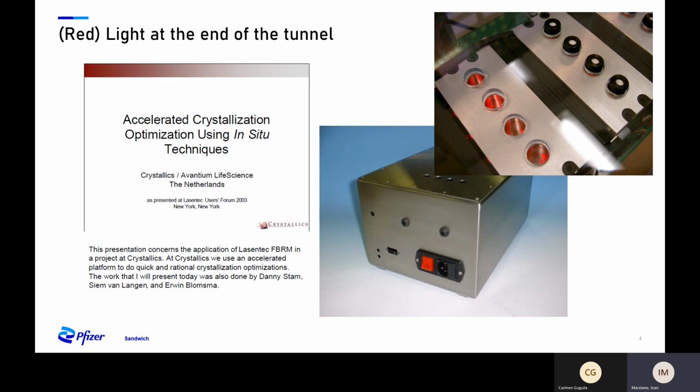I still recall my first encounter with what is now the Crystal 16. The first time I heard about it was in early 2003, at a Tech user forum in New York, where Lisa Aggox, now Lisa McQueen, I think, who works at Johnson & Johnson now, gave an excellent presentation on the development of crystallization processes that was going on at the time at Crystalix and Avantium.